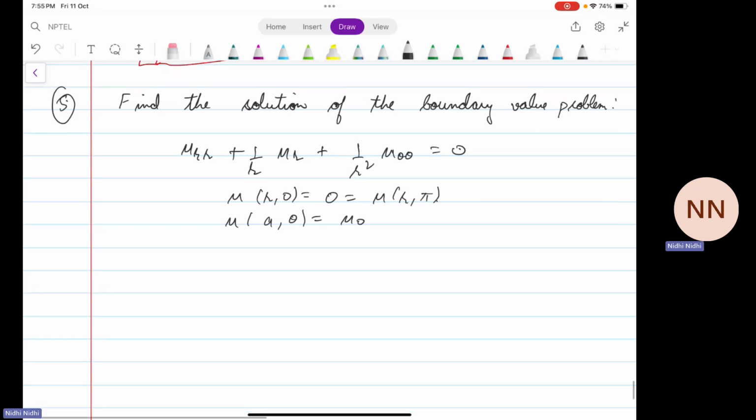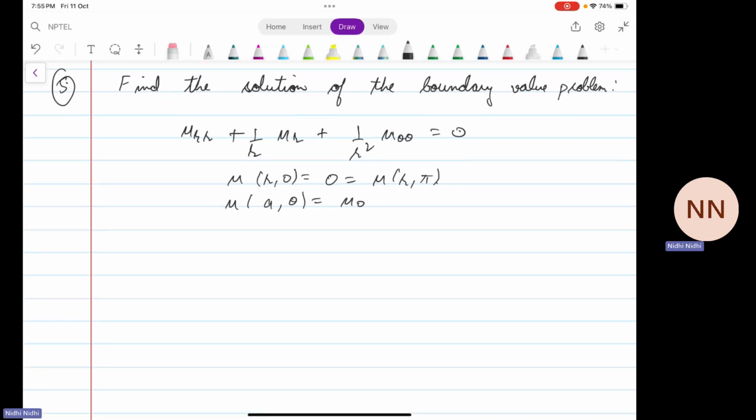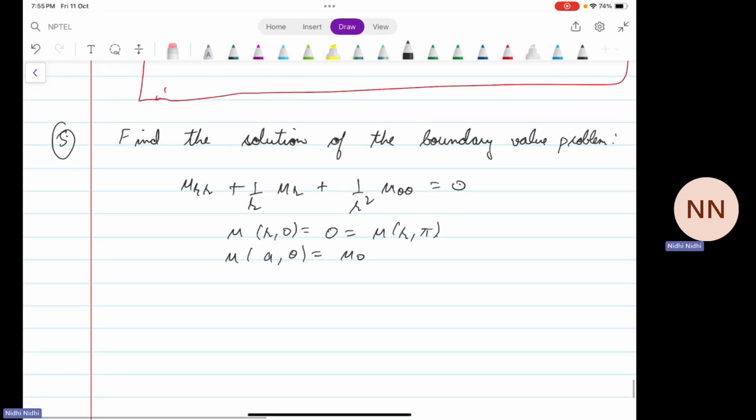So in this case, you may not be able to evaluate the coefficients, but till that point, you can find a general solution. So I would like you to try this problem yourself.